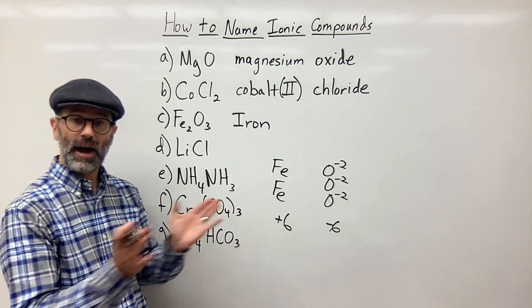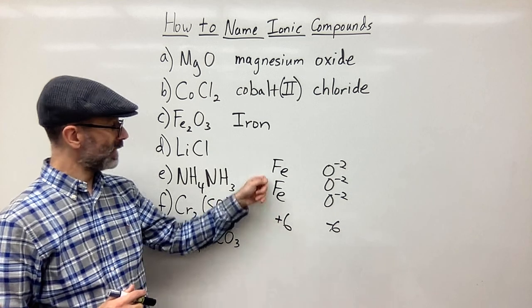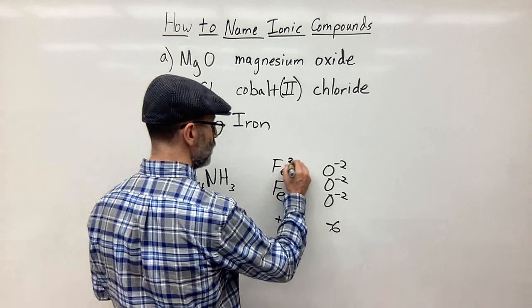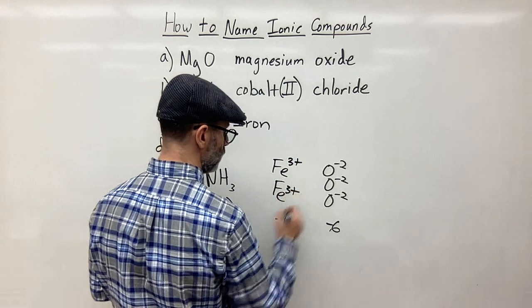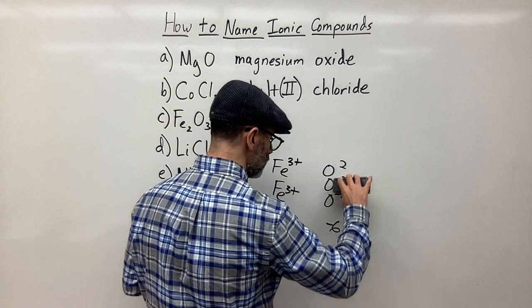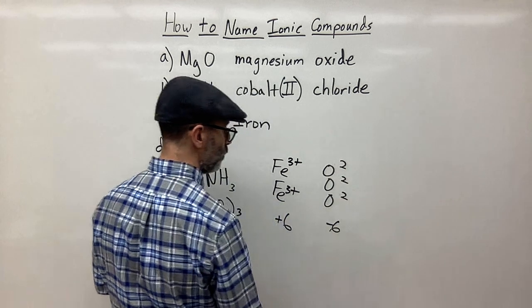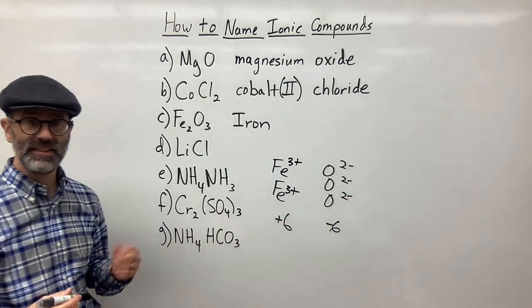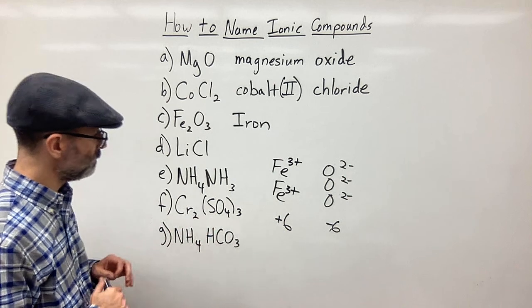Well, if I divide that up evenly among my 2 irons, that means each iron should have a 3+ charge. I should put the charges after the number. I won't get into the technical reason for that, but there's a reason.